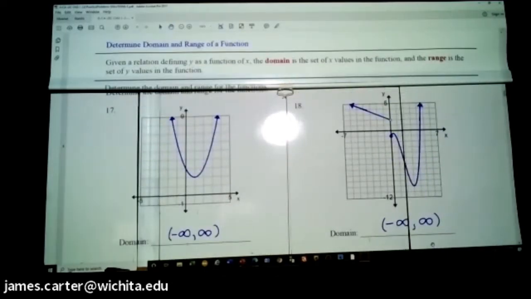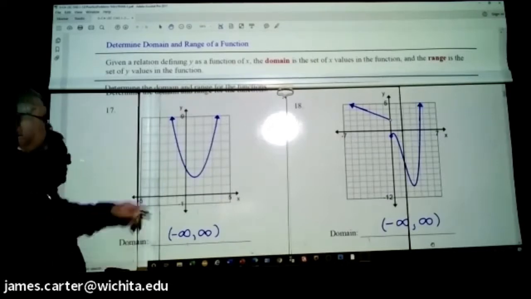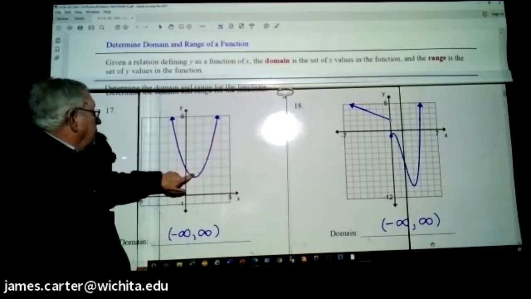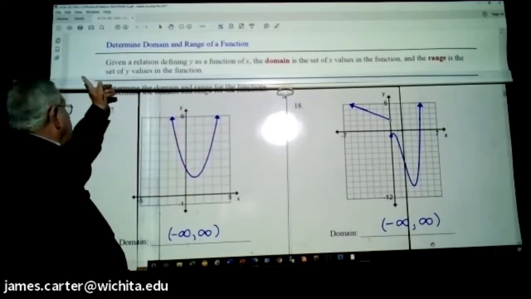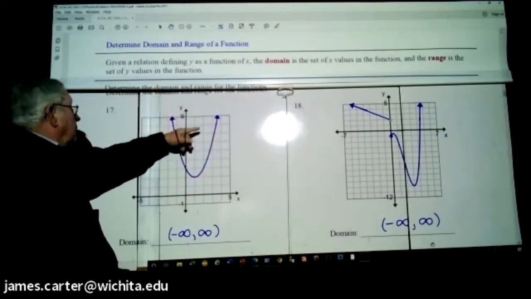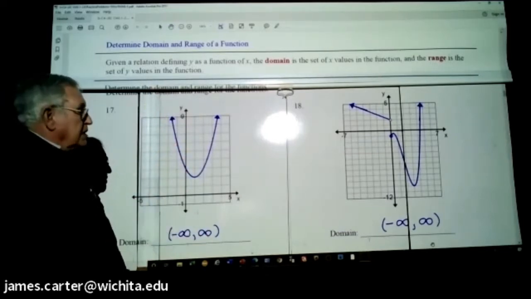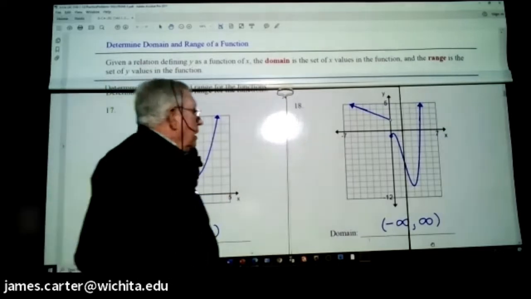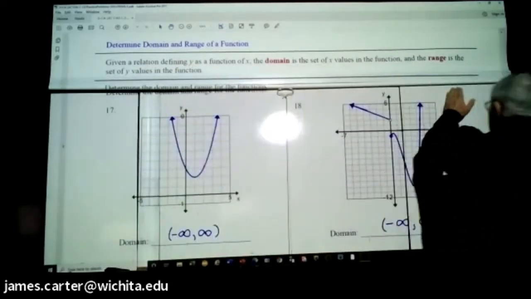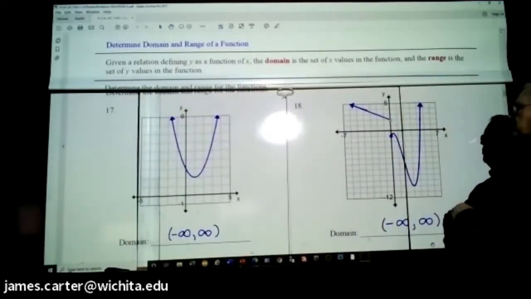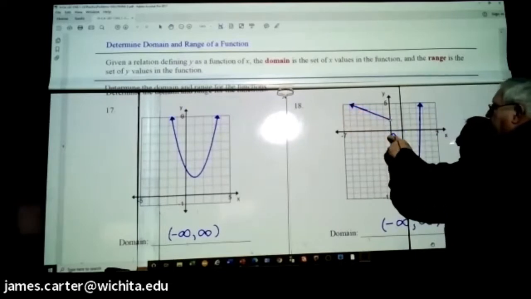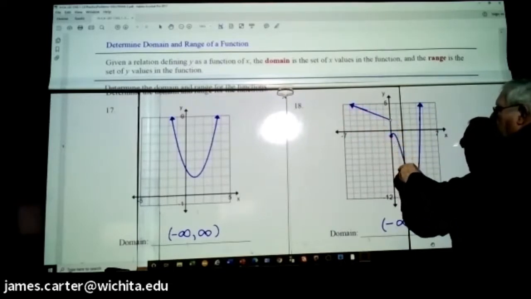Okay, finding the domain and range of functions. In this case, because these go outwards as well as upwards, your domain is negative to positive infinity. This one here, we're going to have infinity this direction. This would imply infinity, you could have had a gap on the range, okay?